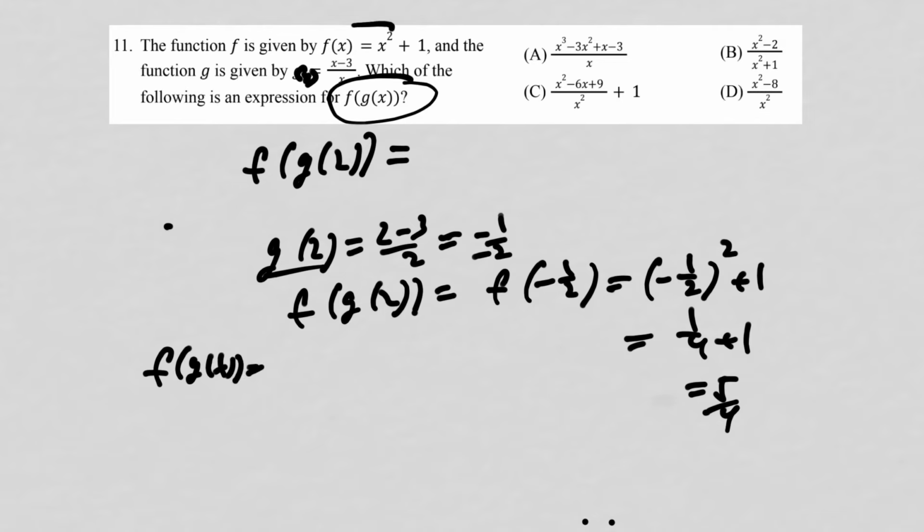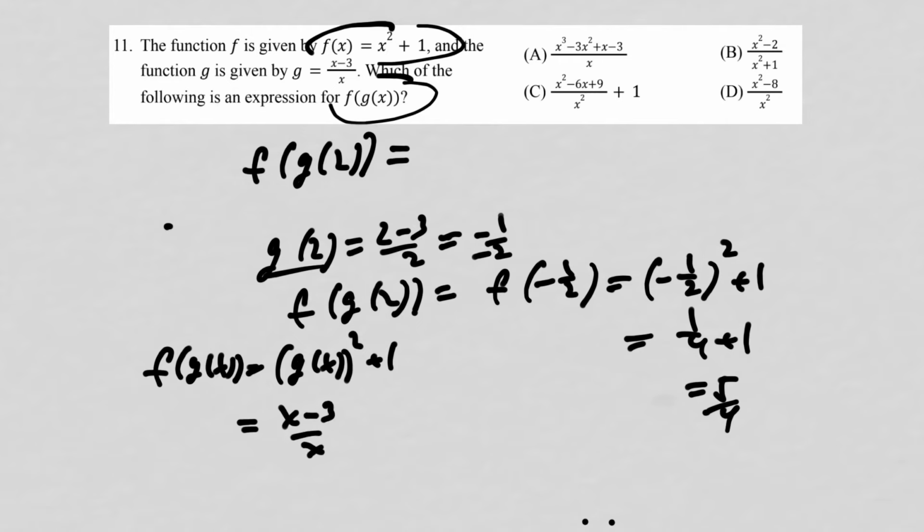You take f of x, which is square what's in the parentheses and then add 1. So it's g of x squared plus 1. But g of x itself is x minus 3 over x.